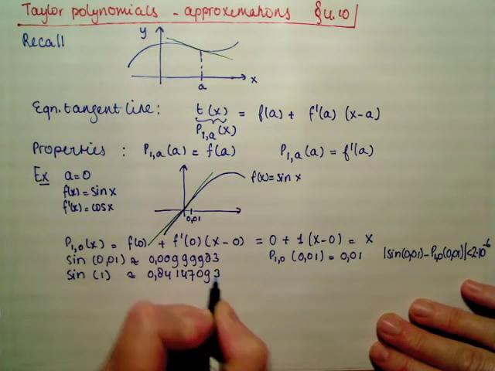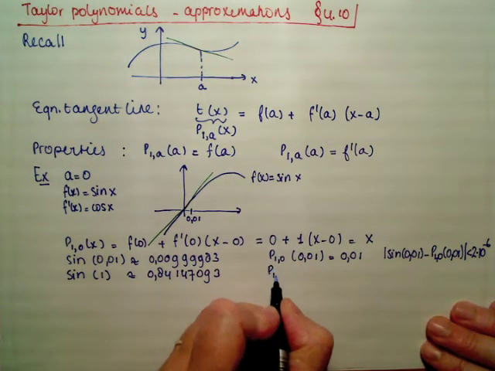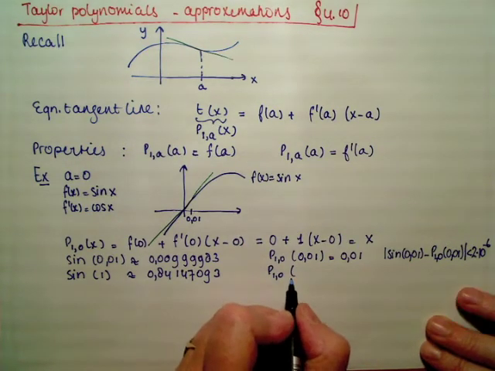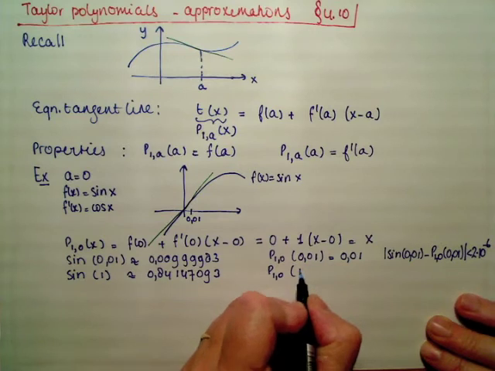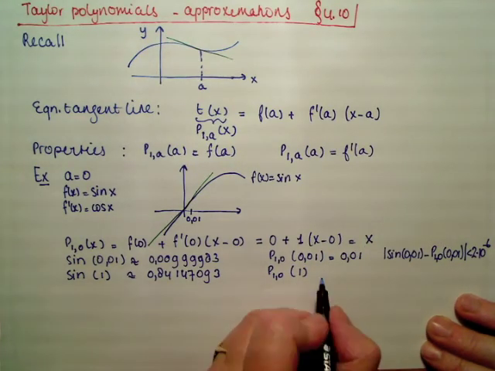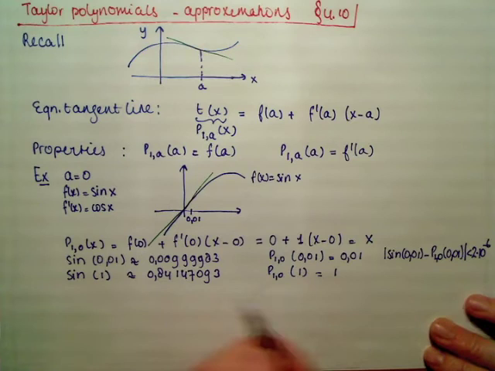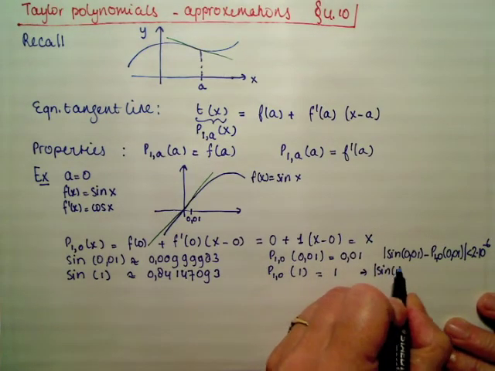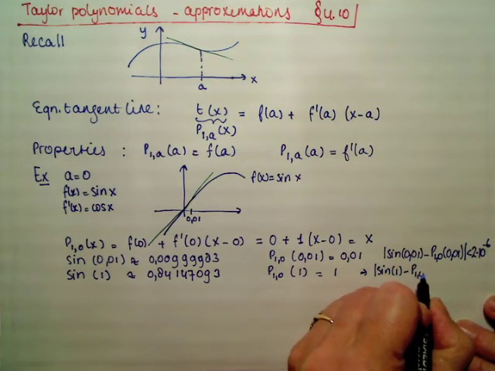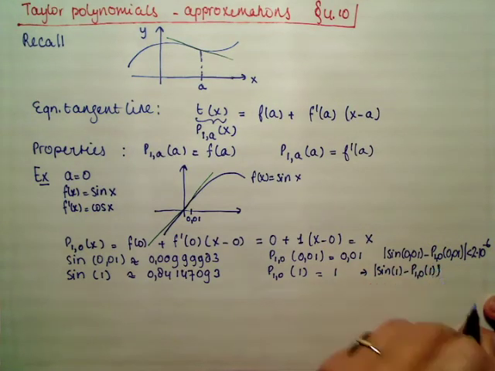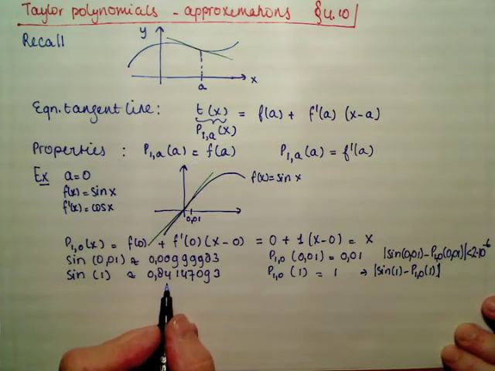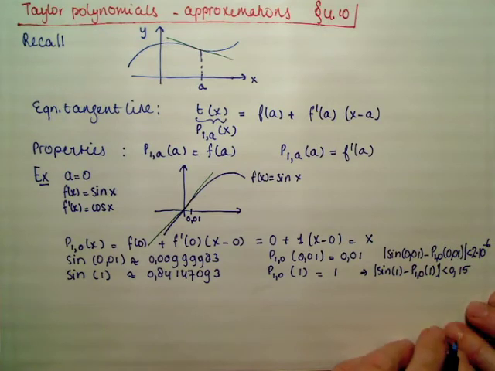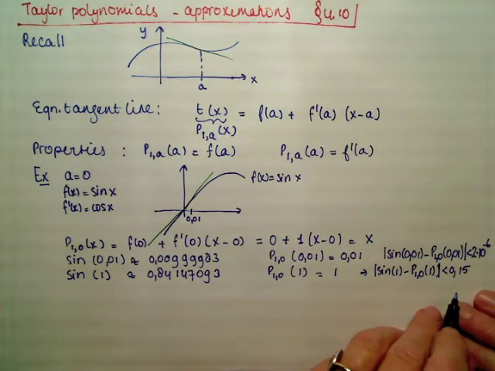And if you evaluate this first degree polynomial at the same point, we have to plug in the value x equal to 1, and then the difference between the function and the first order polynomial is less than 0.15, of the order of 15%.